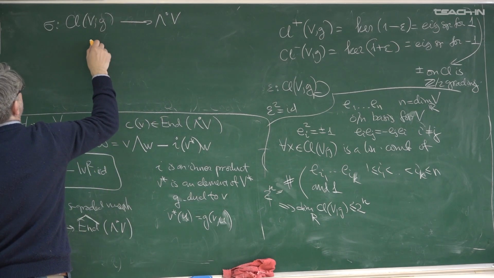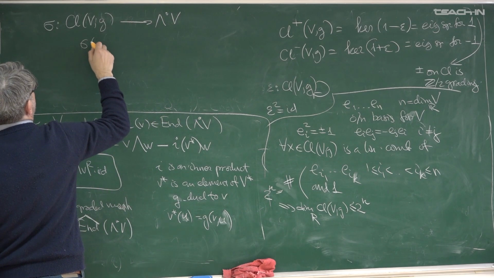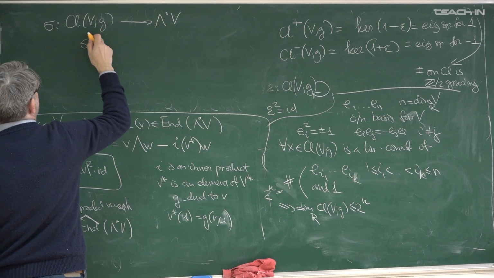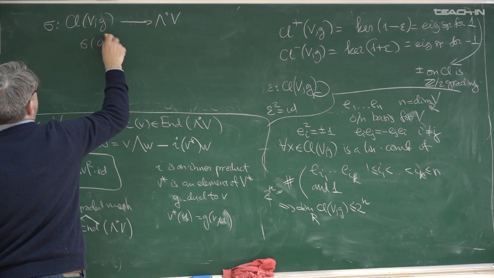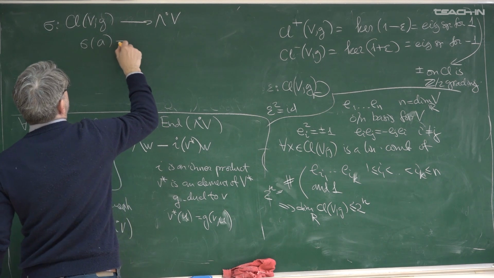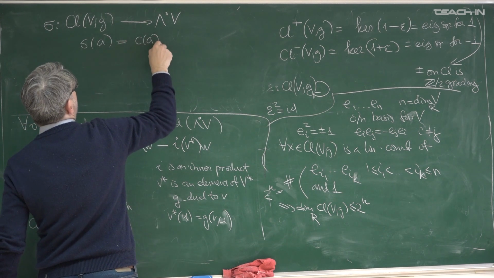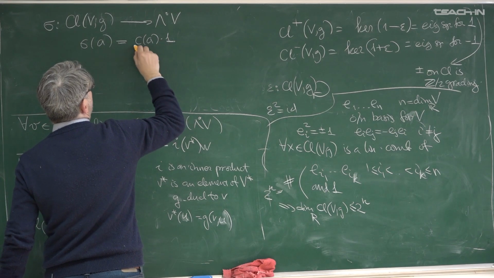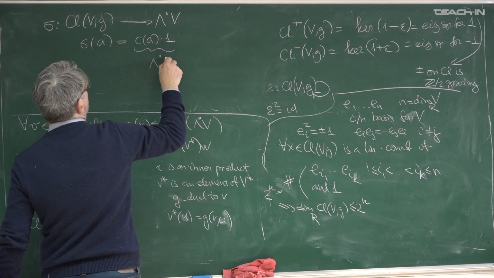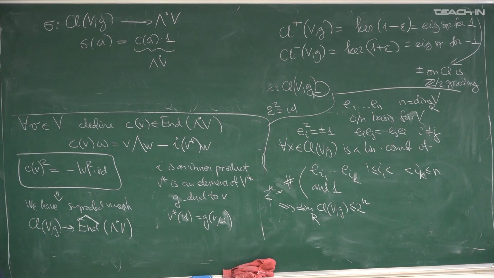Sigma of A is just the evaluation of C of A on 1, so this belongs to the exterior algebra of V. We take the endomorphism and evaluate it on the element 1. Now, a very simple thing.